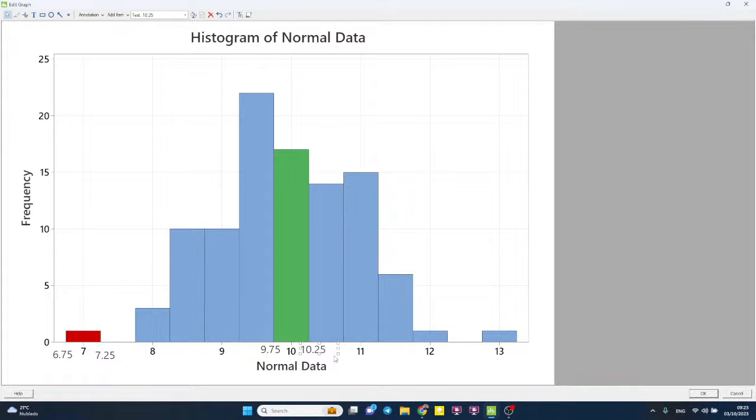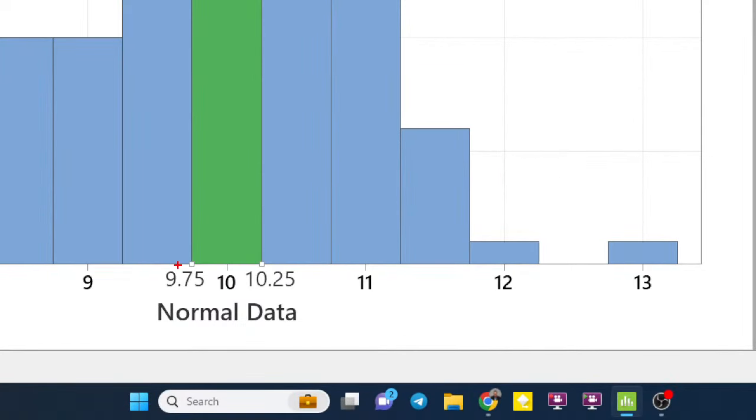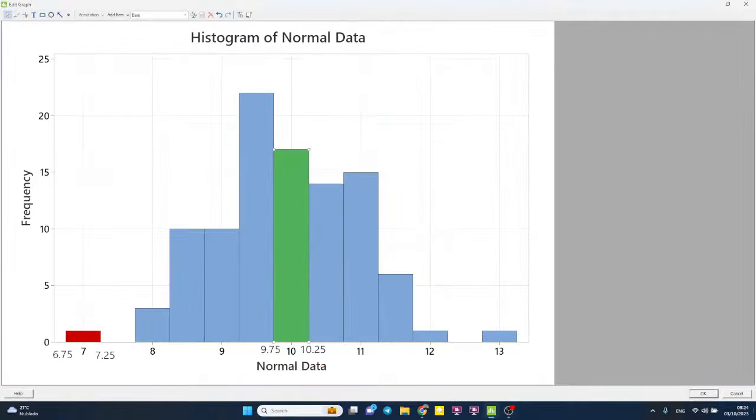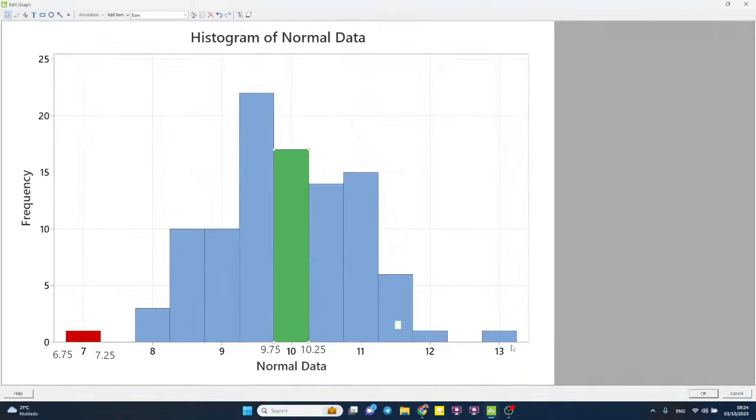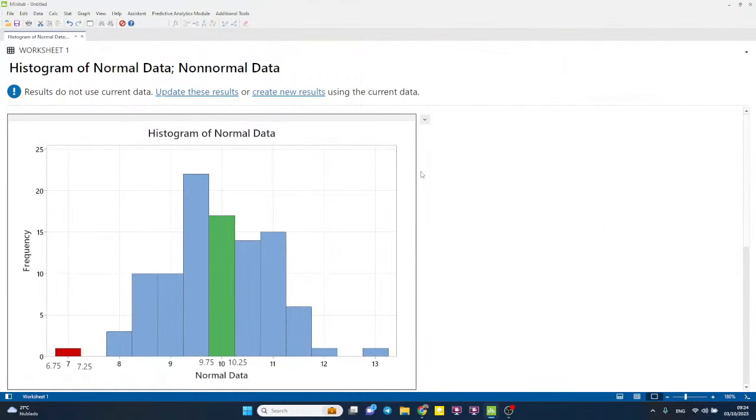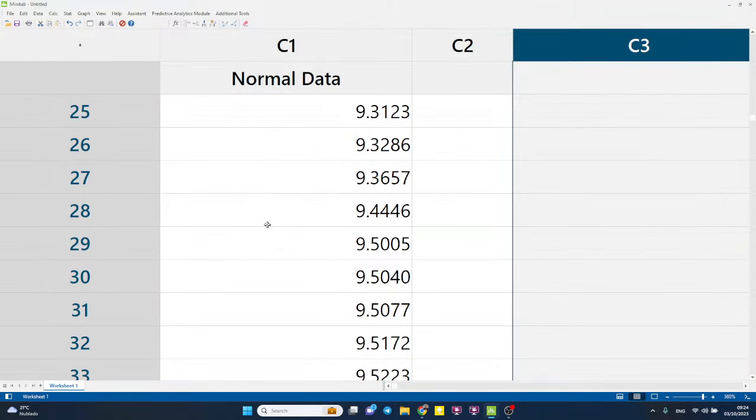And once again, how many data points do I expect to see from 9.75 to 10.25? How many data points, guys? Yes, I do expect to see 17 data points. So let's see. 9.75.